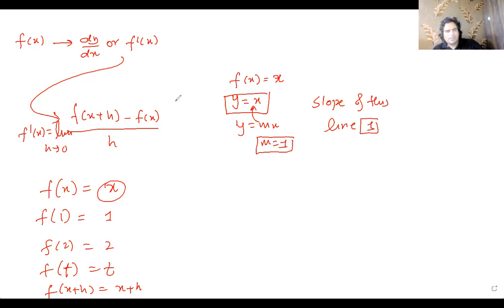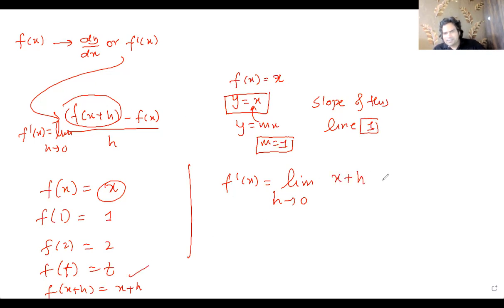According to this, my slope function, with the limitation that h should be close to 0, is x plus h minus f of x, which is x itself, over h. X and x get cancelled, and if you divide h with h, everybody knows the answer is 1. And that's the reason you get the slope as 1 for that particular line.